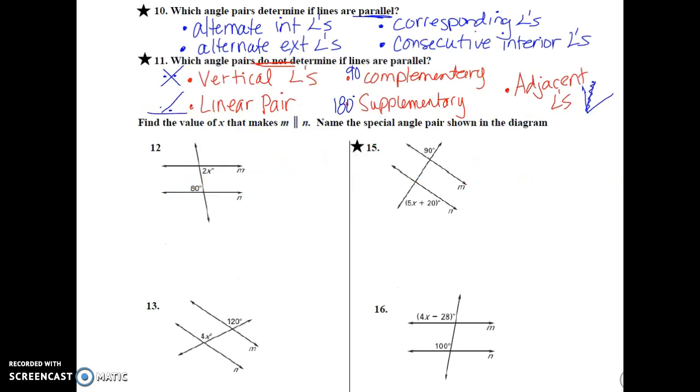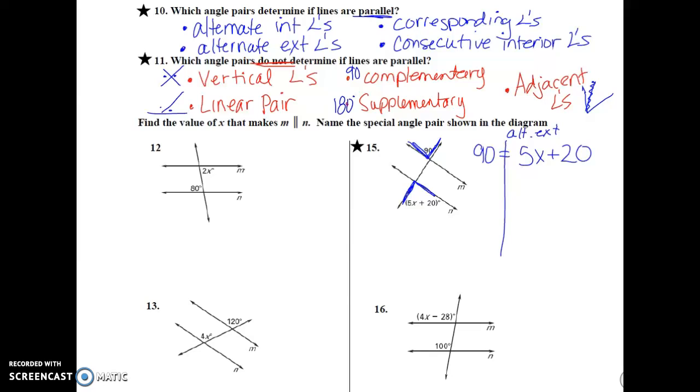Using all of that information about all of those angles, we can set up and solve some equations. So if I look at question 15 again, identifying the kinds of angles that we have is helpful. Those guys are alternate exteriors. So I know that they have to be equal. So 5x plus 20 has to equal 90 degrees because of alternate exterior.